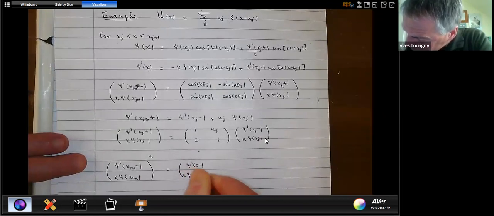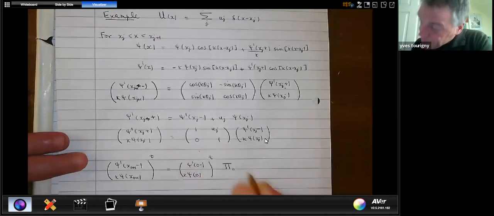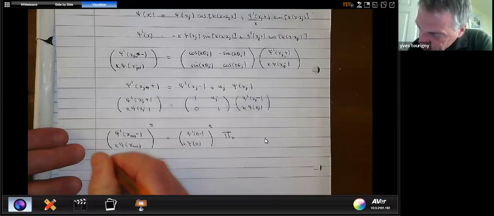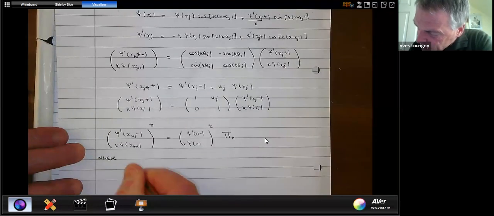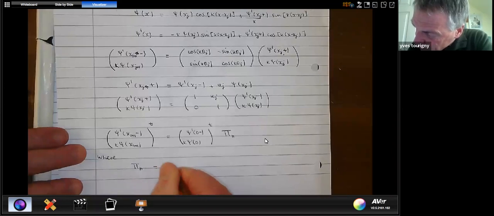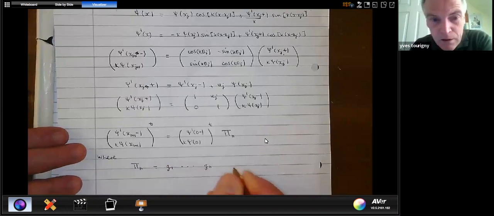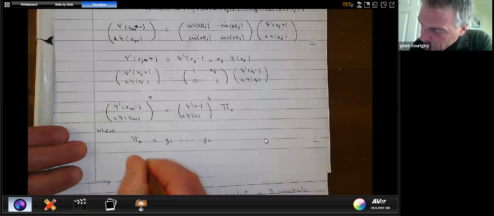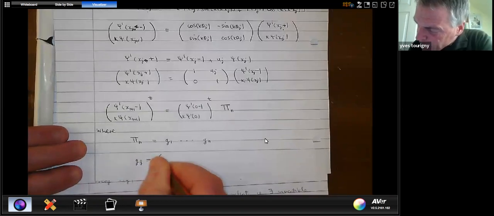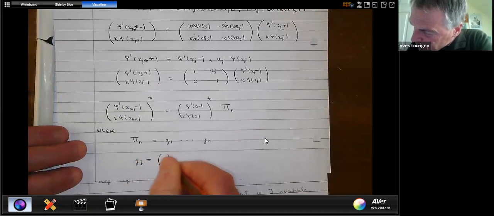That's for technical reasons. There's nothing too deep about it, but I can write this solution in terms of a product, where the pi-n is a product of matrices. I'll denote the matrices by the letter G. There'll be n of them, and the form of the jth matrix, because I've taken the transpose, is going to look like this.